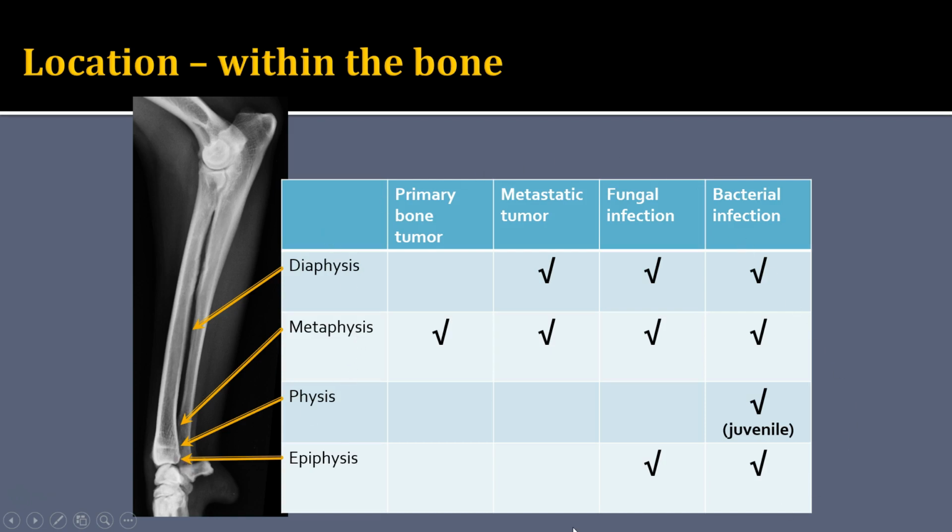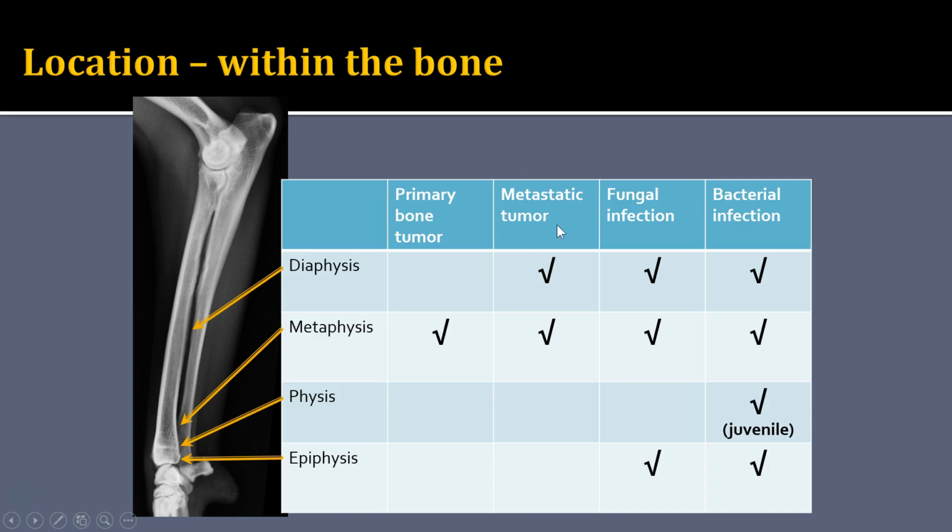So this is a pretty generic list of some differentials, but what I want you to notice is that location can help us. So when we're looking at the metaphysis of a bone, that's pretty much the only location where a primary bone tumor in most bones likes to be.